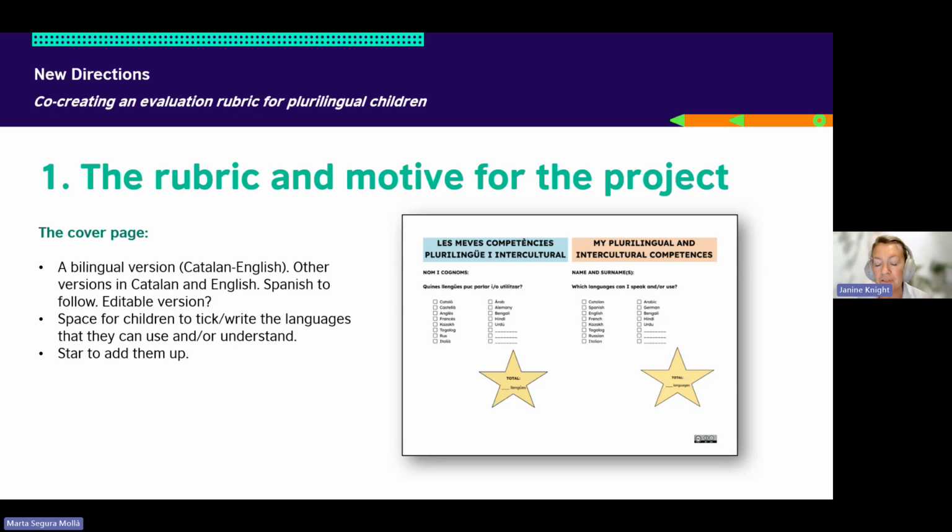There is a space for children to tick and write the languages that they can use or understand, and the star is there for children to add up their languages and put a total in the star.